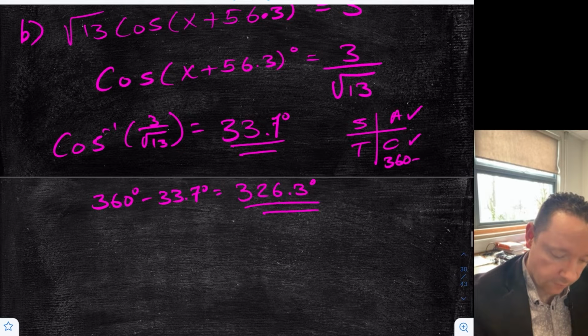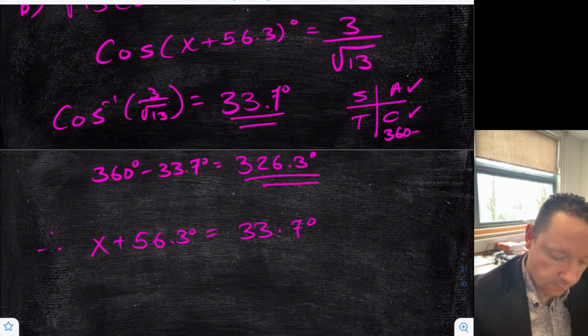So we can then say, therefore, x plus 56.3 degrees equals 33.7 degrees, and that's our first answer. And our second one is going to be x plus 56.3 degrees equals 326.3 degrees.